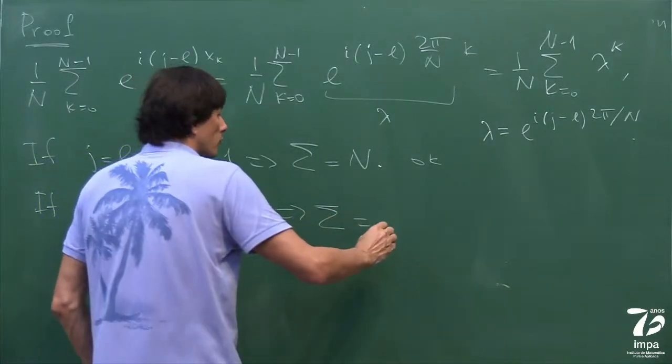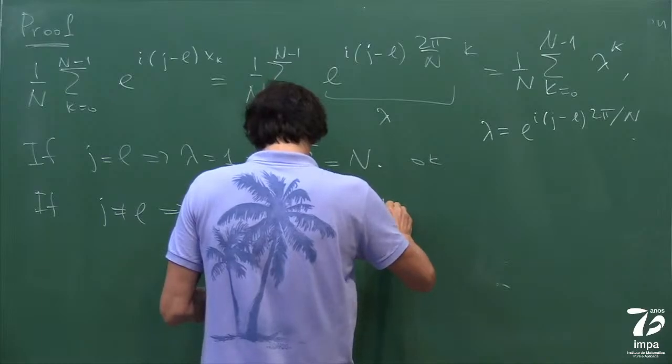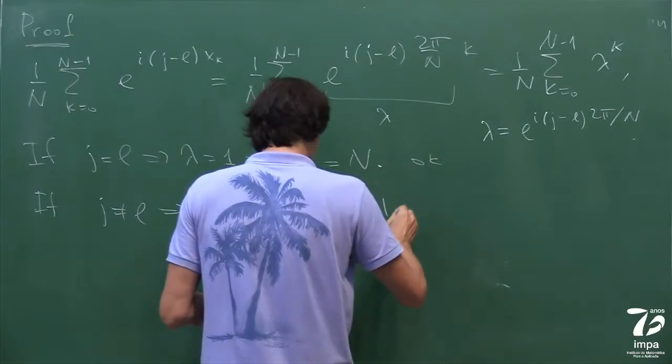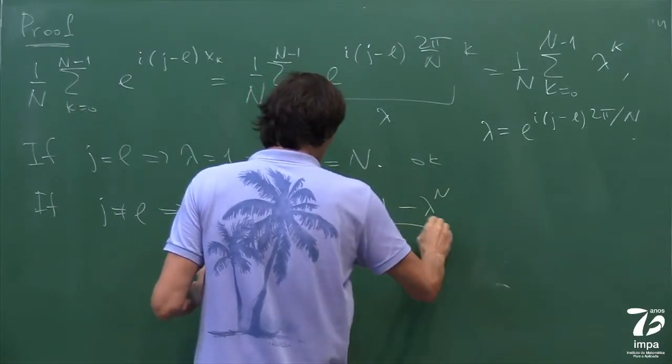It will be (1 minus lambda to the n) divided by (1 minus lambda).